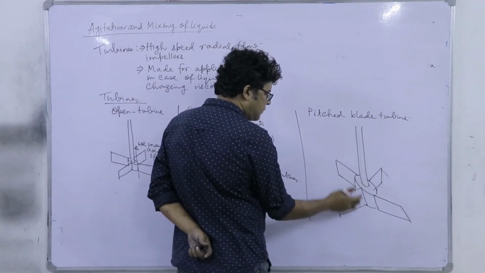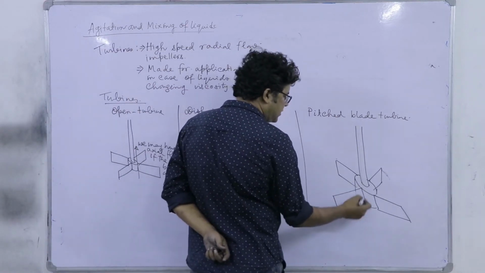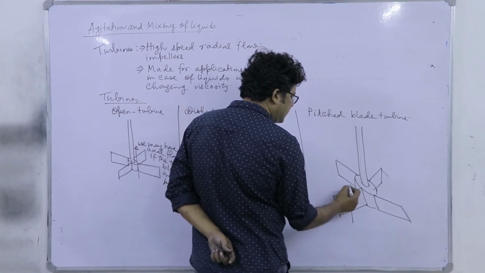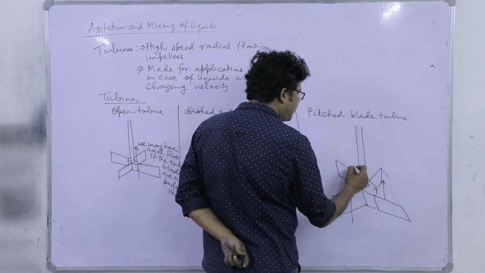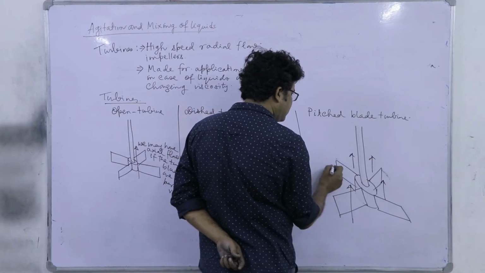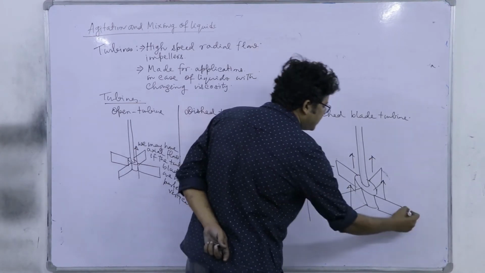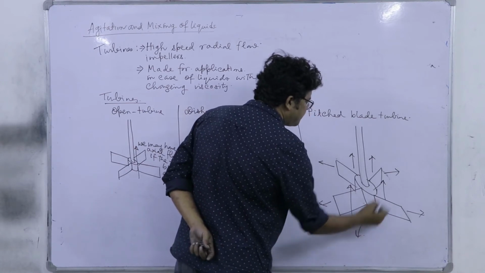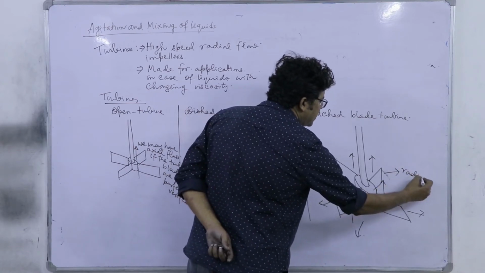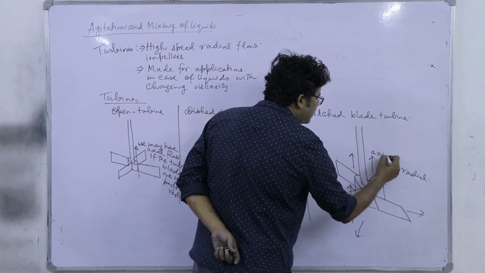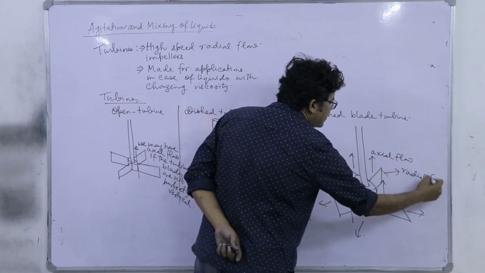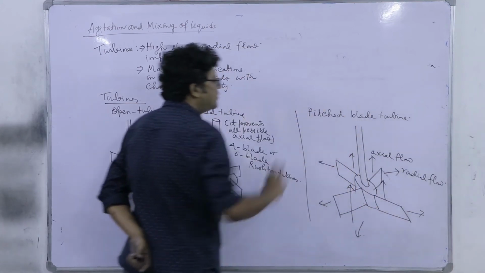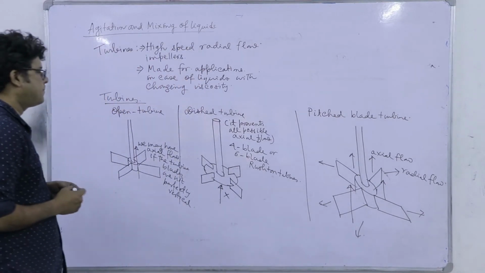This surface is not vertical, it is inclined, right? As you can see, so this will generate axial flow in addition to radial flow. Radial flow will obviously be generated, but in addition to that it will generate axial flow. So radial and axial flow. Right, so these are called pitch blade turbines.